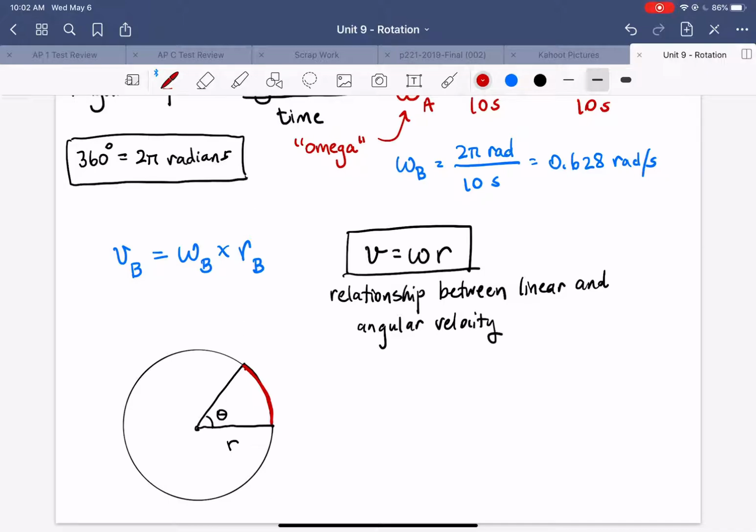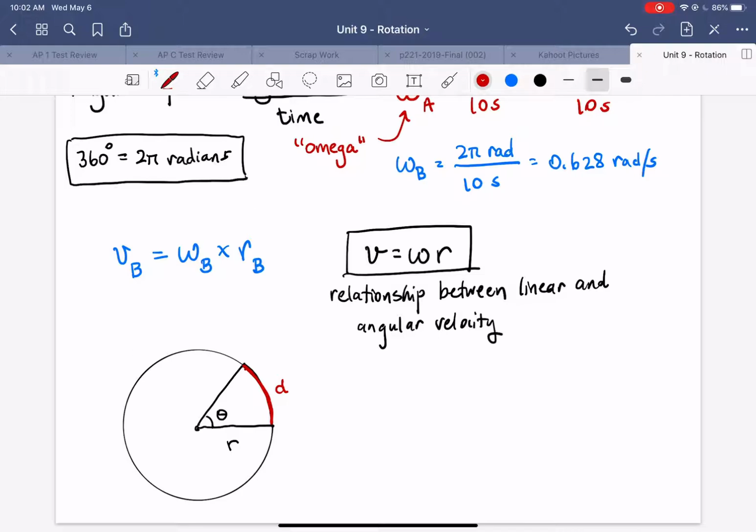Now, you can imagine if we make this angle theta larger, that's going to make the length of that red arc larger as well. If we double the angle, we double the arc. The radius will also affect it as well. If we make the circle bigger and just blow it up to 2 times its size, then the arc is going to get larger as well. So the length of this arc, which let's call it d, is proportional to the radius, and it's also proportional to the angle.